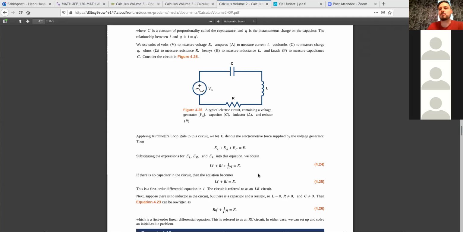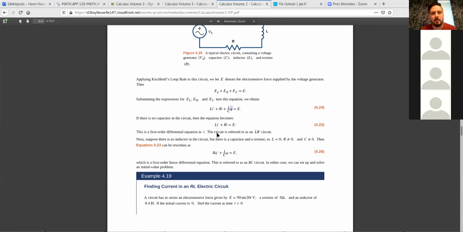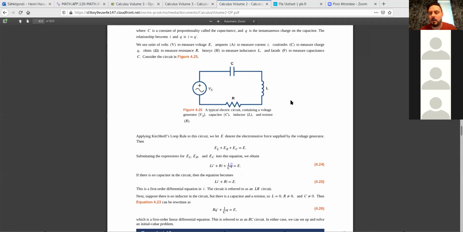So let's dispense with the capacitor now. Assuming there is no capacitor, because this Q is a bit awkward at this point, this is a so-called LR circuit, which means there's an inductance and a resistor.